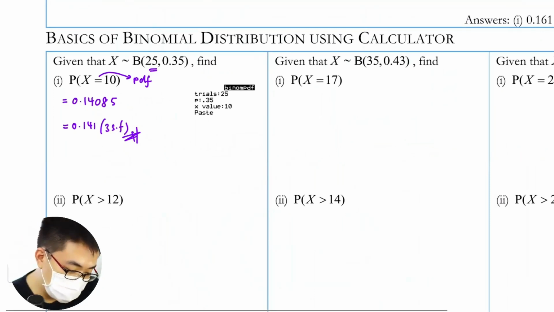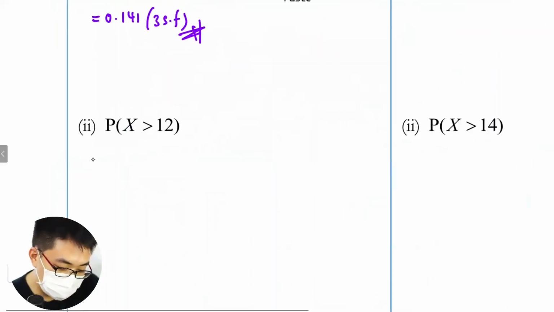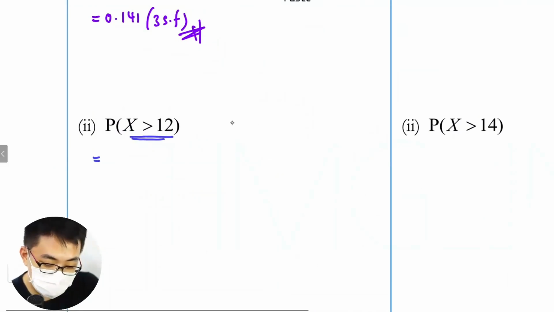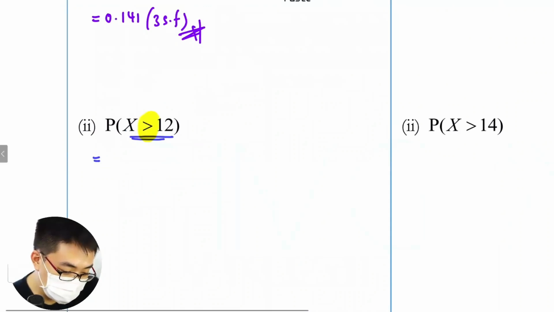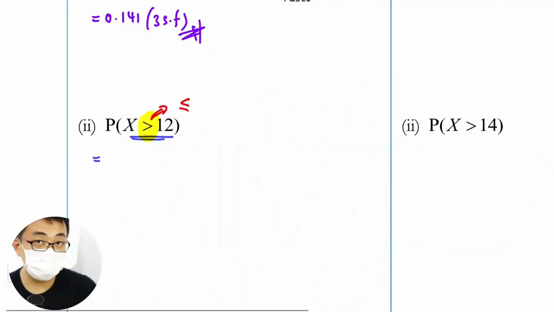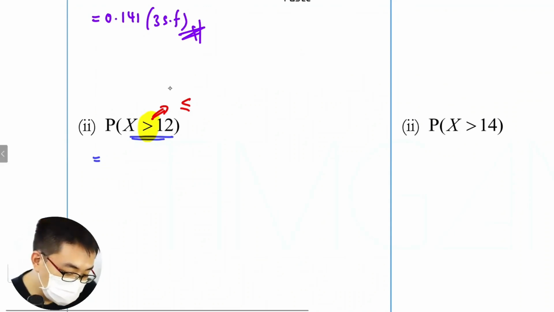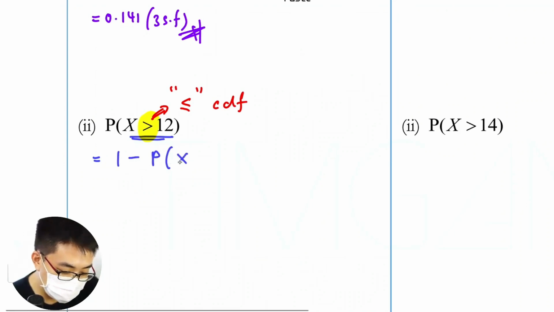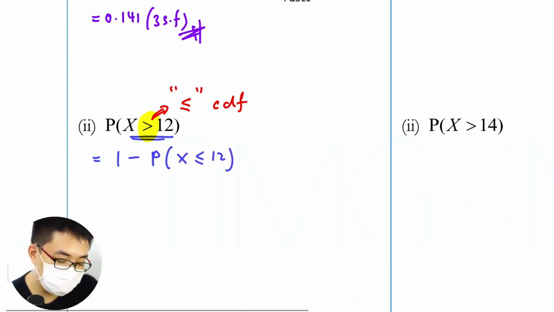Okay, so in this case, what we want is actually P(X > 12). Remember this, you need to change this to less than or equal to, no matter what, because your calculator only has less than or equal to. So this case here, this is CDF. But what you need to do is actually take 1 minus, now this is where most of the students have problems, P(X ≤ 12).